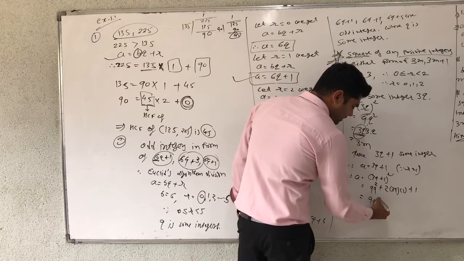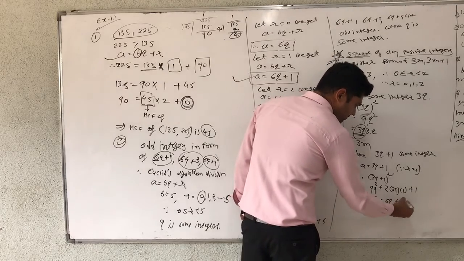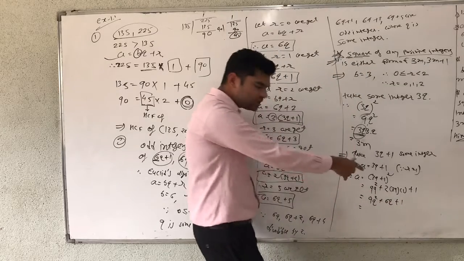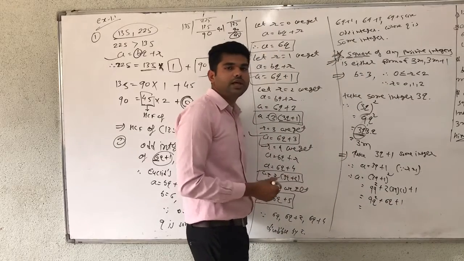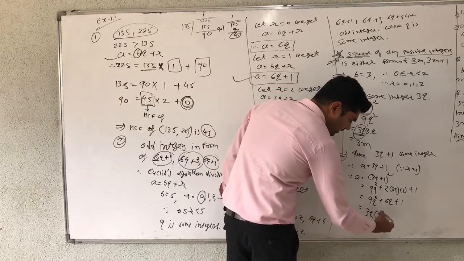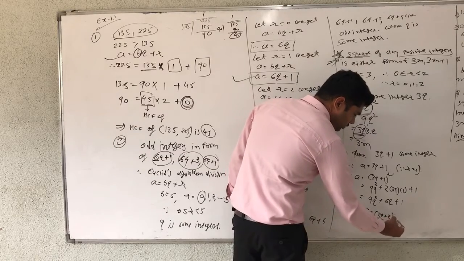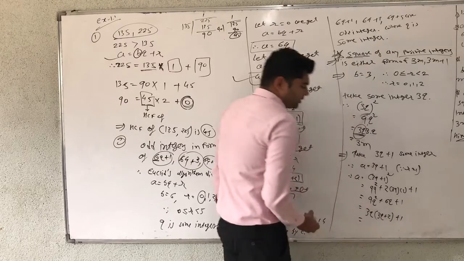Therefore 9q square plus 3 into 2, 6q, plus 1. In the two terms we take 3q common, so the remaining part is 3 into q plus 2, plus 1.